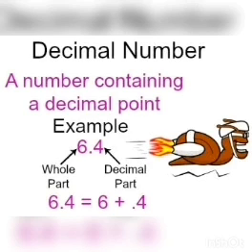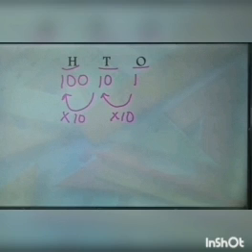Now with the help of examples, I will give you a brief description of decimal numbers. Here is the ones place, this is the tens place and the hundreds place. When I want to go from ones place to tens place, I need to multiply by 10.